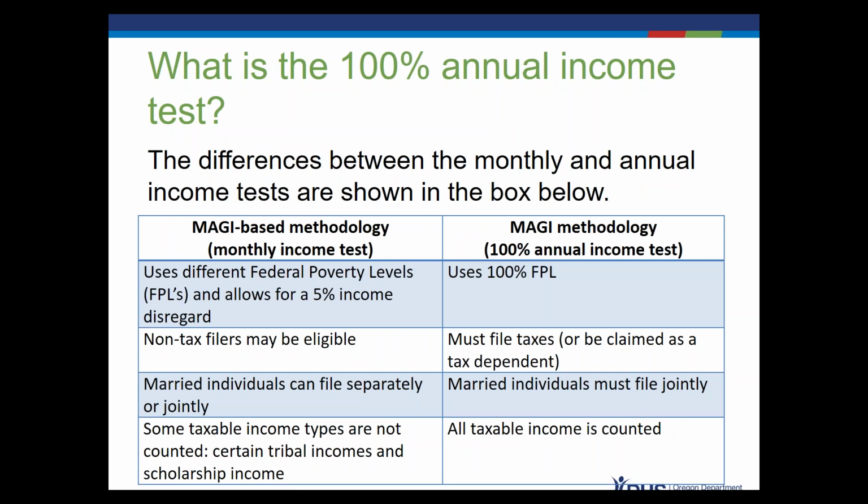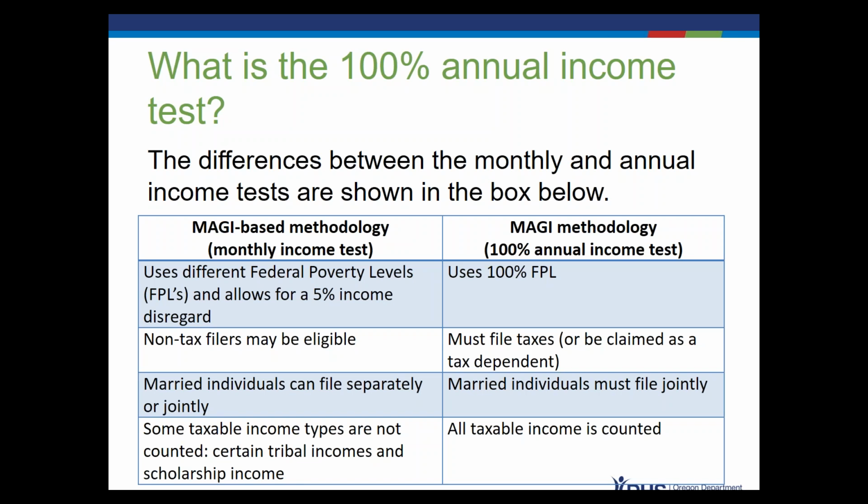And there are some differences between the methodology and the numbers we're using when it comes to monthly versus annual income tests. So this chart breaks it down pretty well. We have our monthly income test, which uses a variety of different federal poverty levels, or FPLs, and those are the ones on that handy chart we give you every year.